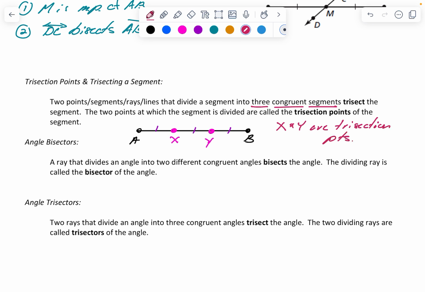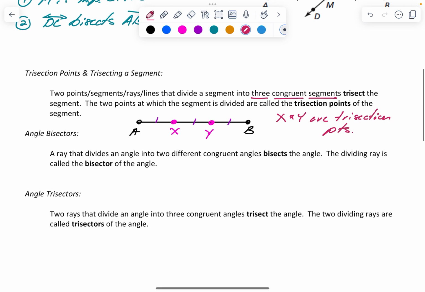All right, so just like we can bisect a segment, we can bisect an angle. And so here, let's make an angle. We'll call this angle ABC. And now let's have a bisector. So let's say there's another ray, BD, that divides this angle into two congruent angles.